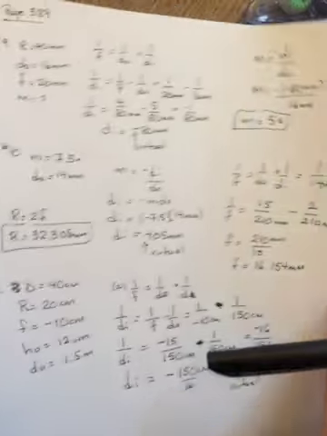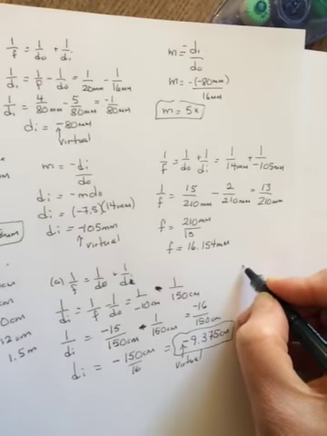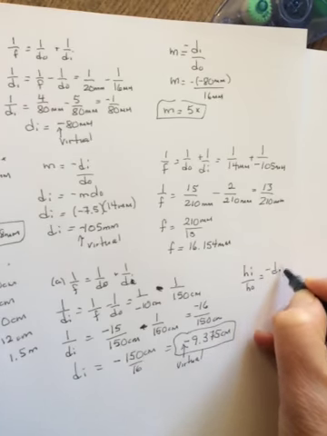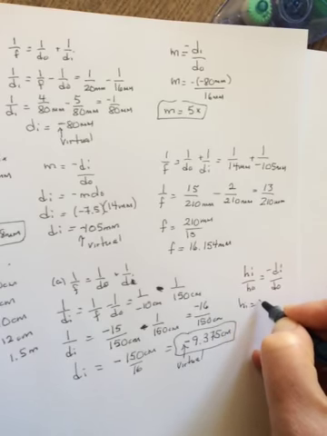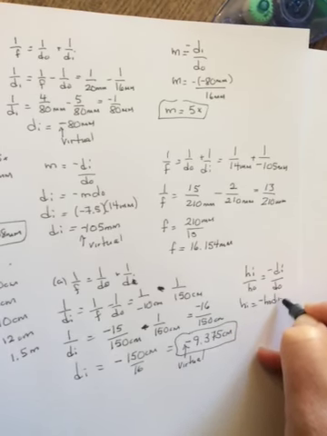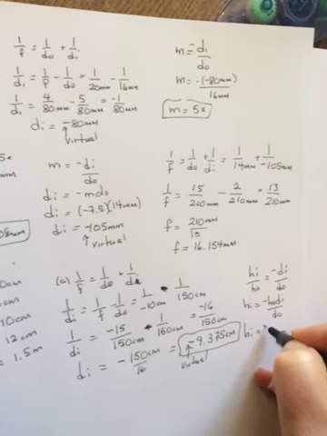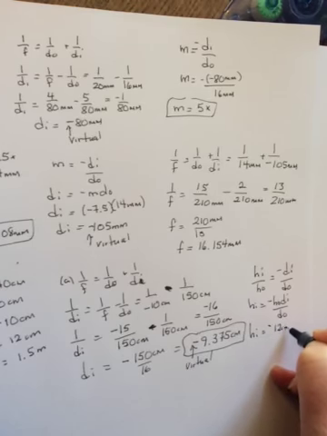I also wanted HI. So HI over HO is equal to negative DI over DO. So HI equals negative HO DI over DO. So HI equals negative. Told us the robin was 12 centimeters high.